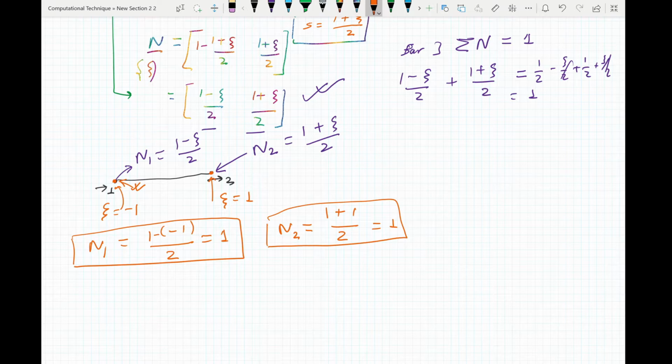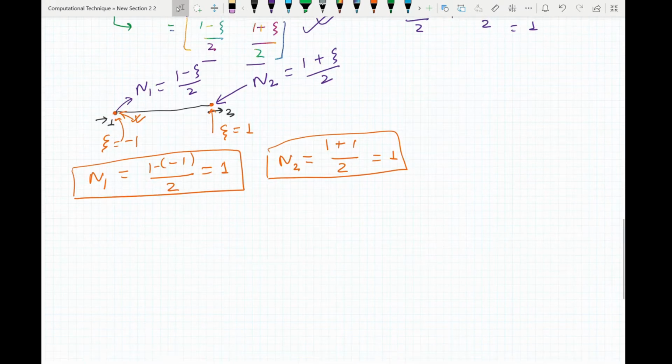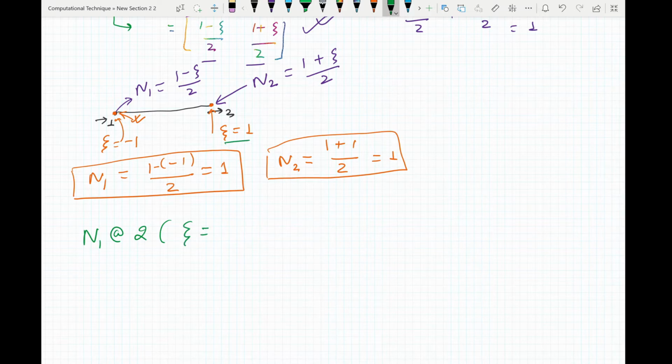And if you are looking at the value of your shape function at other degrees of freedom, for example, you are trying to find your shape function N1 at your degree of freedom 2. Now at degree of freedom 2, your xi equals 1. Therefore your N1 at 1 will be equal to (1 minus 1) by 2, that equals 0.